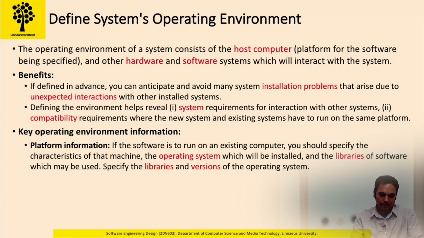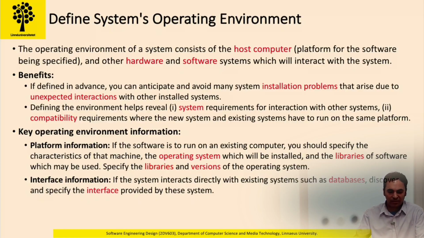And also the versions of the operating system and the versions of the libraries are most important, because this version issue is one of the most critical problems that can arise during the deployment or during the use in production.